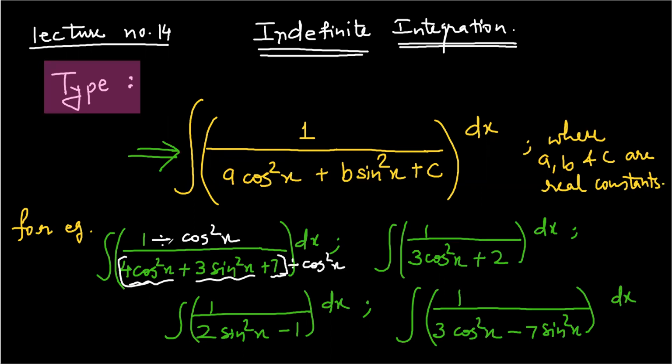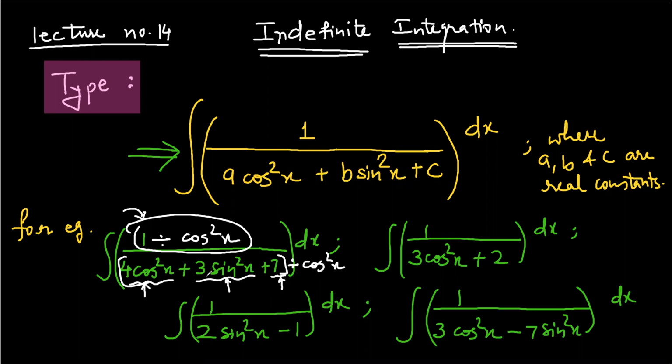After that numerator will become sec square x, since 1 upon cos square x is sec square x, which we will see when we solve the problem. Right now I'm just helping you out with the method, the steps I wrote. In the denominator this cos square x you will split for each term.